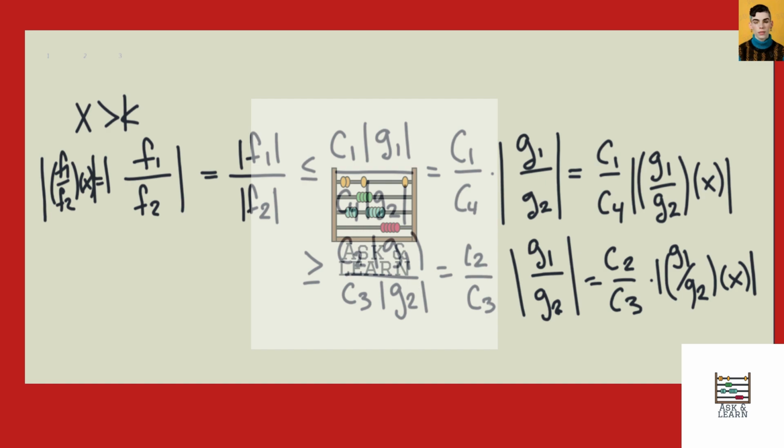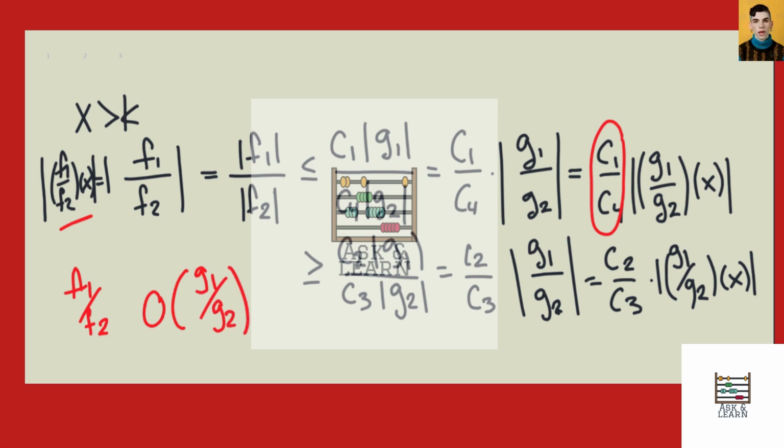Okay, so then by the definition of big O notation, f1 over f2 of x here is less than or equal to some constant, namely this constant c1 over c4, times the absolute value of g1 over g2, right? So then we know that f1 over f2 is big O of g1 over g2.